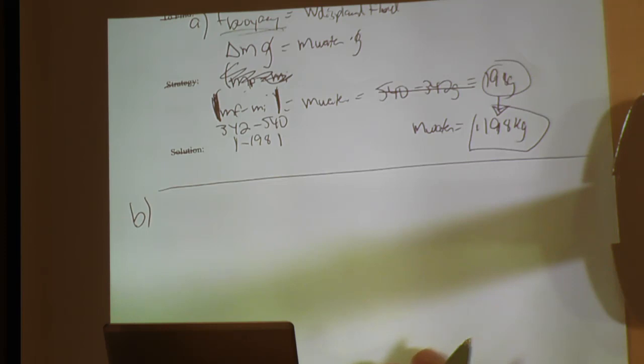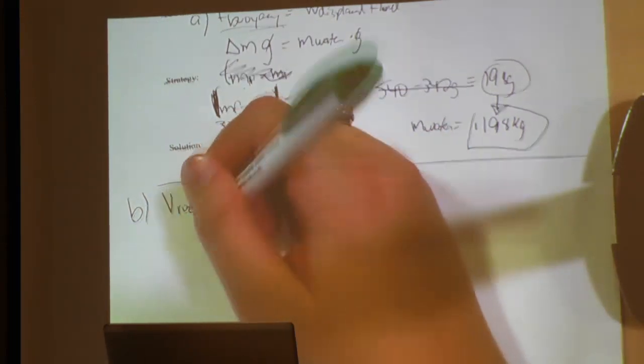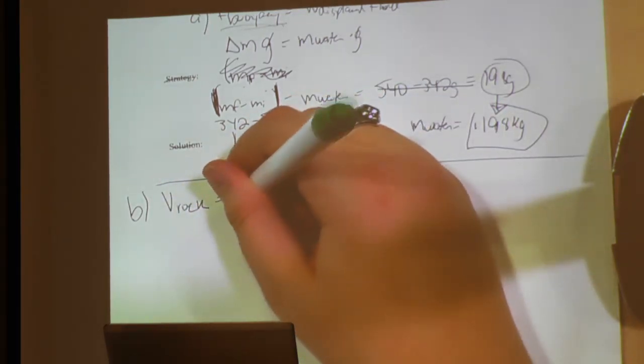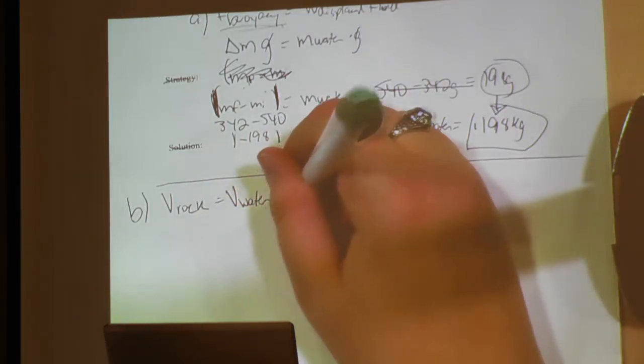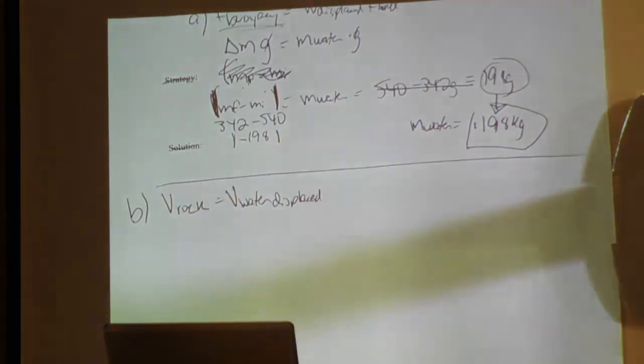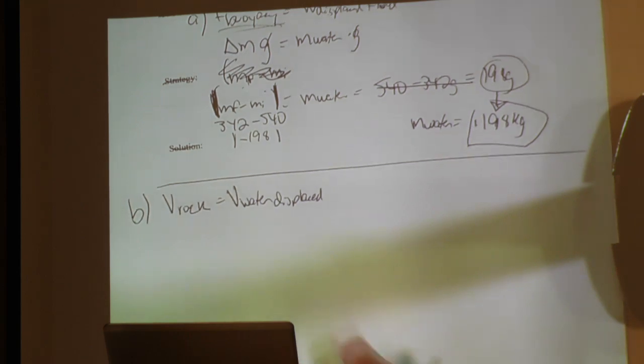All right, part B, we're trying to find the volume of the rock. So we do velocity, or not velocity, I keep wanting to say velocity. The volume of the rock should be equal to the volume of the water that we displaced. Basically, you're sticking this rock into this pitcher of water, and you're going to have some displacement, and whatever the displacement is will be the same as the volume of the rock.